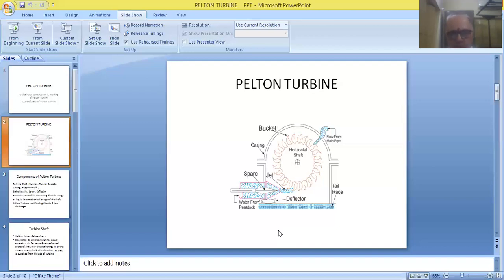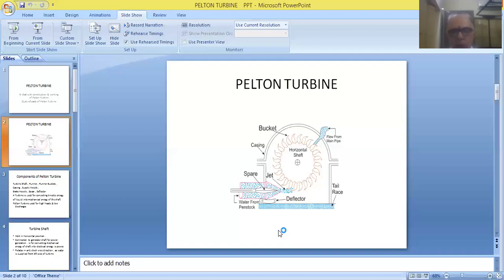For this purpose, a governor has to be used for controlling the quantity of water. This governor is used for operating the spear in forward and backward directions.